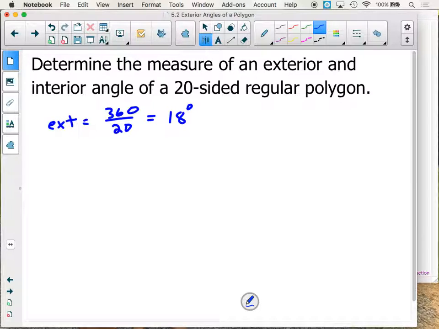So each exterior angle would measure 18 degrees. Now, let's be smart about this. The exterior angle is 18 degrees. The interior and the exterior form a linear pair. So then our interior is going to be 180 minus 18 degrees, which is 162 degrees.